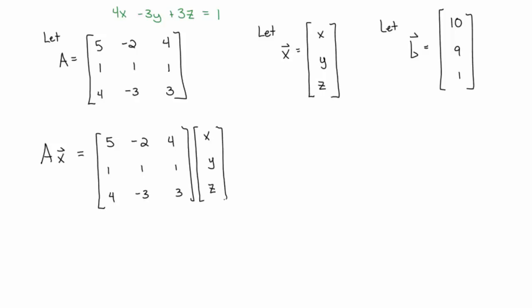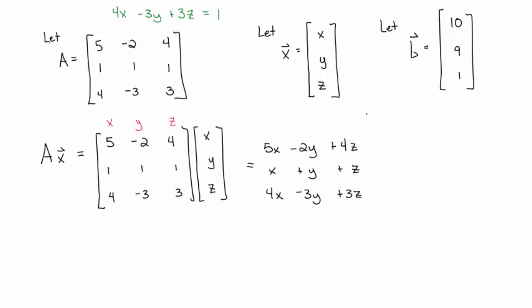Remember, you would imagine picking up this column matrix, tilting it on its side, and putting it right over each of the rows. You'd multiply element by element and add. That multiplication would result in 5x minus 2y plus 4z, 1x plus 1y plus 1z, and finally 4x minus 3y plus 3z.